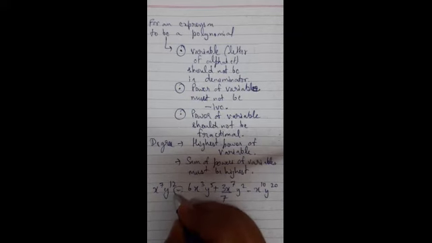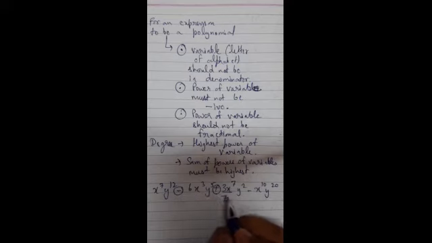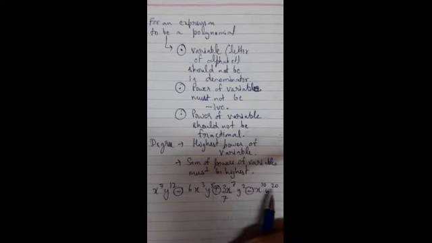So how many terms are there in it? The terms will be separated by minus or plus. So this is the first separator, the second separator, and the third separator. In total there are 4 terms.